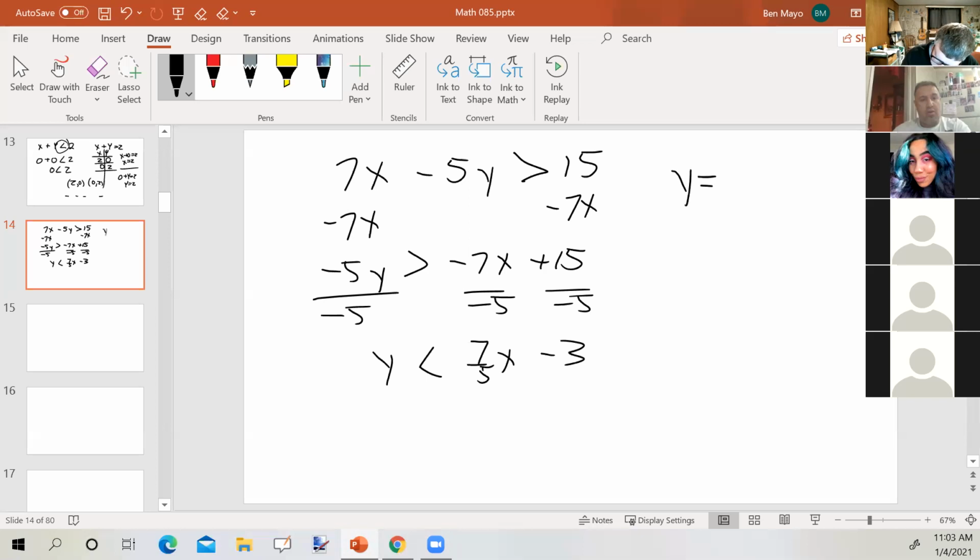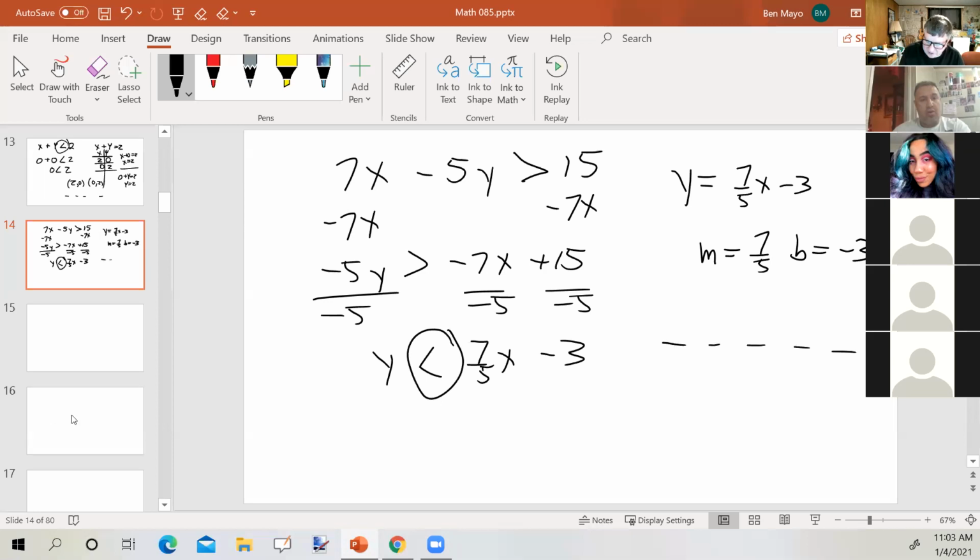Looking at the equivalent equation, I have a slope of 7/5 and a y-intercept of negative 3. Note also that it does not include equal, so it's going to be a dashed line. So I'm going to plot the y-intercept and then use the slope of 7/5 to get the line.